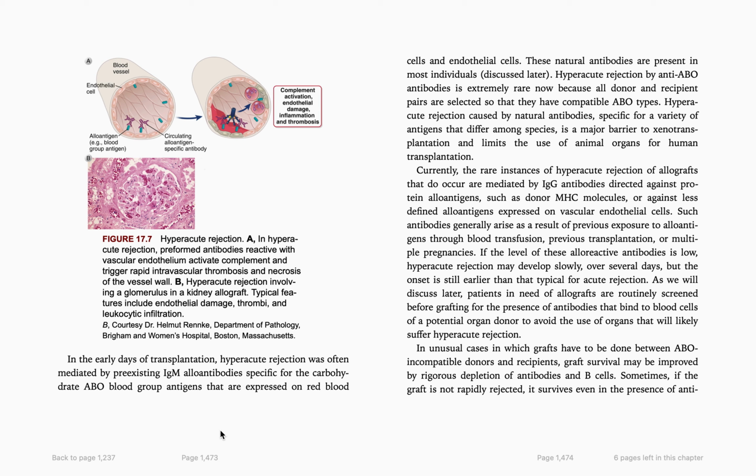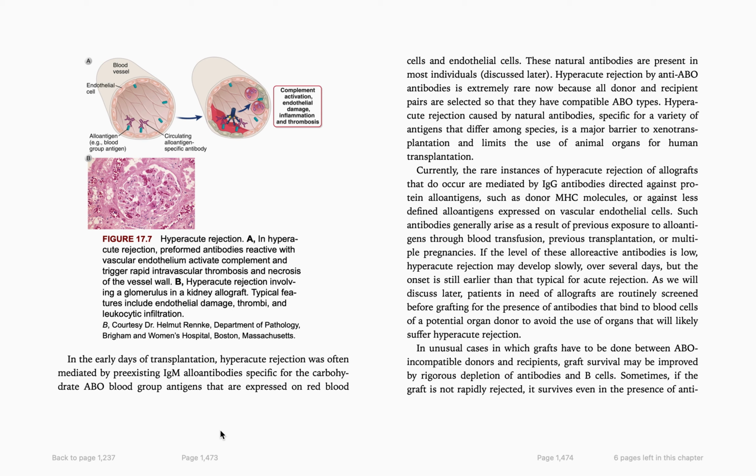In the early days of transplantation, hyperacute rejection was often mediated by pre-existing IgM alloantibodies, specifically for carbohydrate ABO blood group antigens that are expressed on red blood cells and endothelial cells. These natural antibodies are present in most individuals, as discussed later.